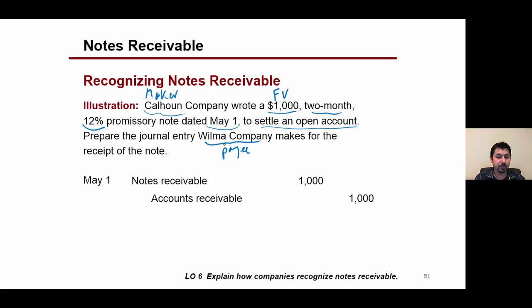Because at this point, Wilmar Company has not started earning any interest yet, and they did not get cash, because so far the note receivable is to settle an open account.